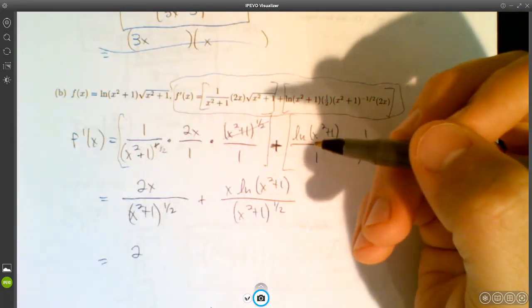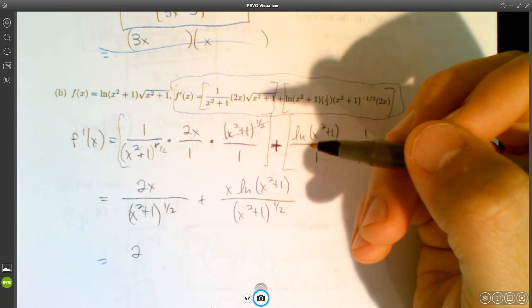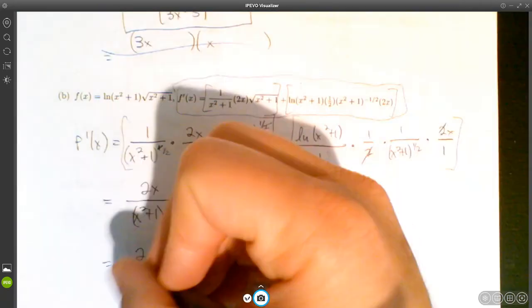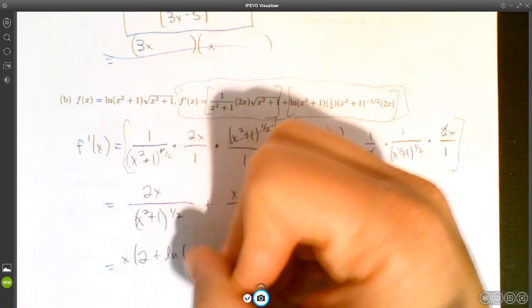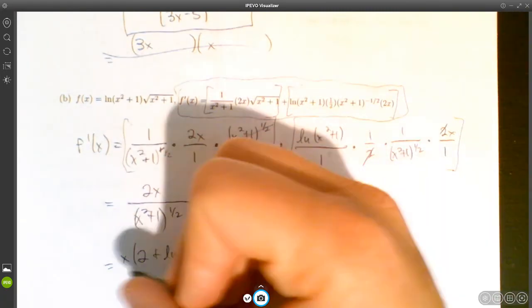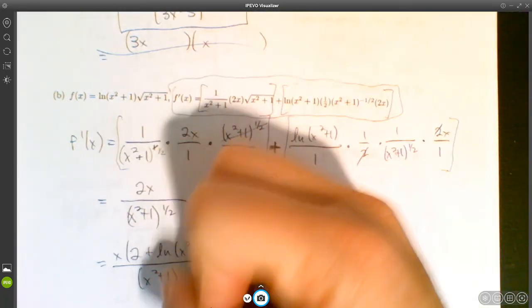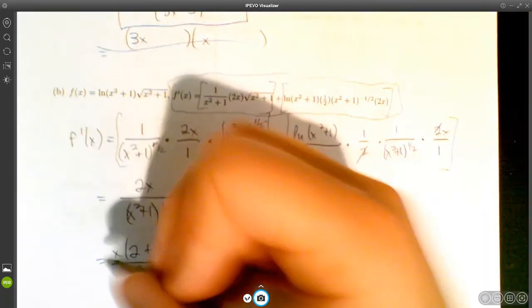Oh, and you know what? I can factor out an x. Yeah, let me do that. We're going to have x times 2 plus ln x squared plus 1 divided by x squared plus 1 to the 1/2 power. So there you go.